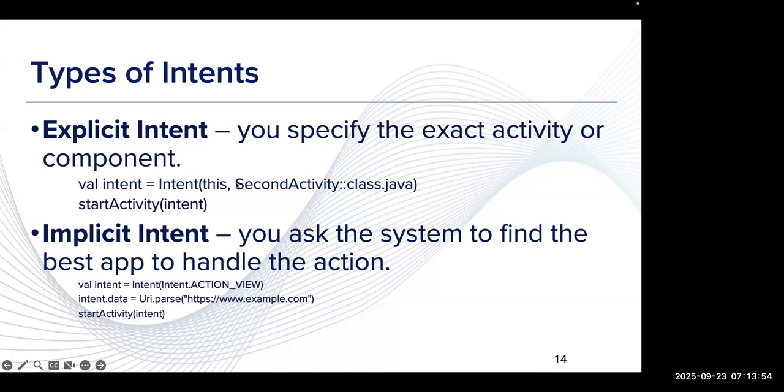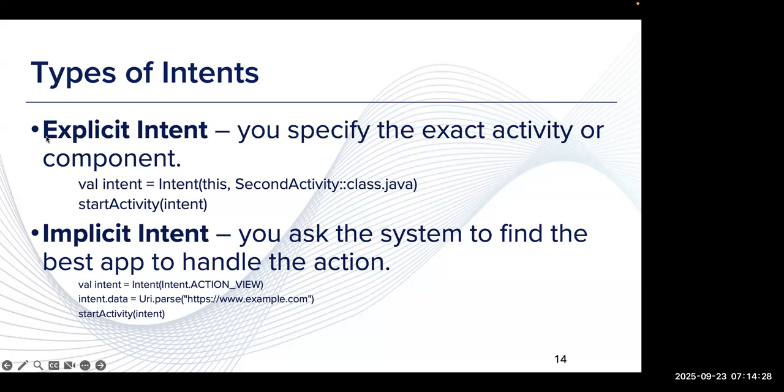So go from this activity to the second activity class, in this case SecondActivity.class. Then we call the startActivity method with the intent, which is the value that we had here. We're just putting it in a value so that we don't have to write all this inside the parentheses. You don't need that value, it's just for clearness, to keep things tidy.